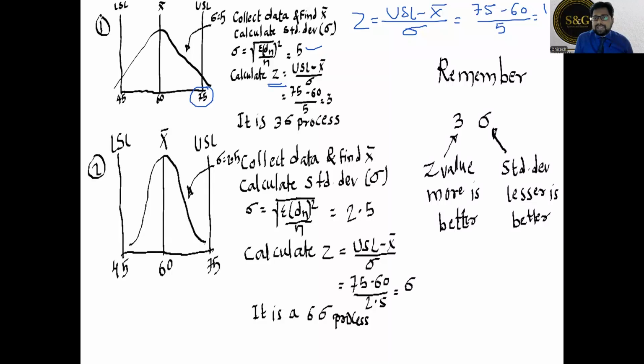It is 15 divided by 5, which is equal to 3. Are you clear, everybody? What is Z? Z is nothing but the process capability number. I'll explain. When this Z value is 3, that means your process is a 3 sigma process.